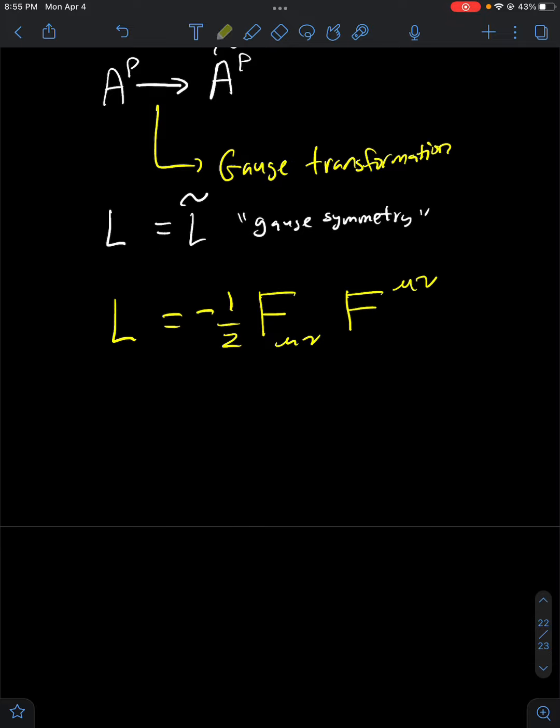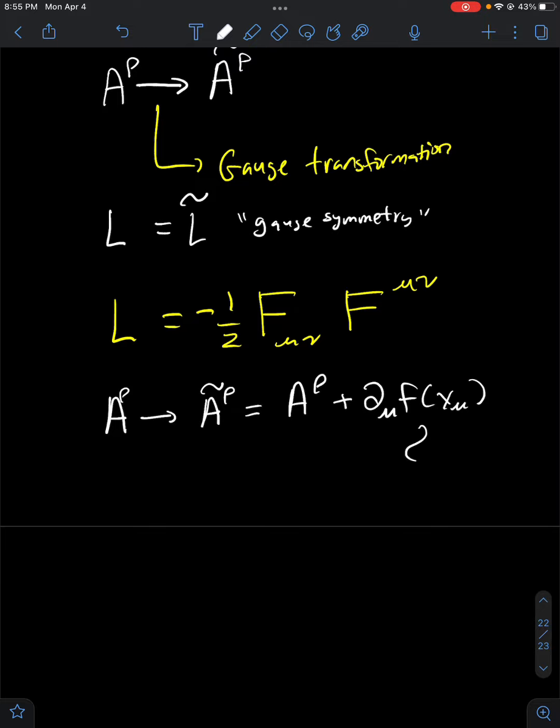It turns out that the gauge transformation of A to A tilde, where A tilde equals A_rho plus partial_mu f of x, this gauge transformation will leave our Lagrangian unchanged.